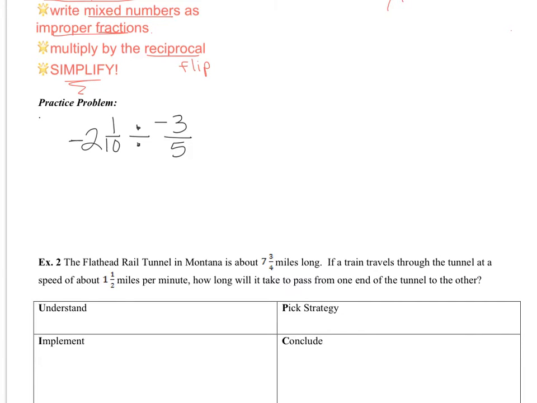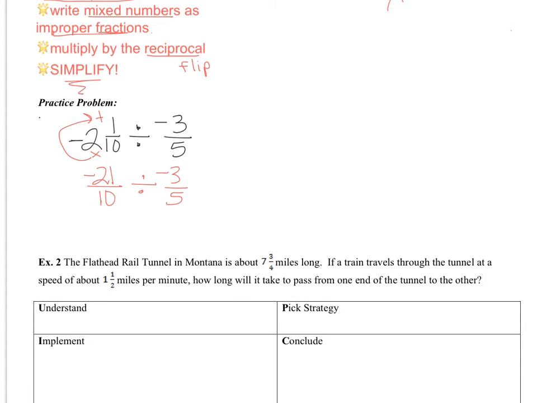Just to practice that with you right here, we're going to take 10 times 2 and add 1, ignoring the negative. I don't want you to take positive 10 times a negative 2. Don't worry about the negative, just know that the whole term is negative. So it's going to be negative 21/10 divided by a negative 3/5.